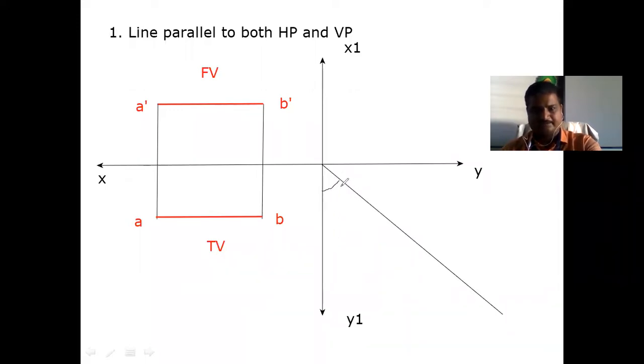Where should I write? Okay. Now, what I will do, look carefully. I will extend this A dash B dash locus, sorry, AB locus up to this XY line.